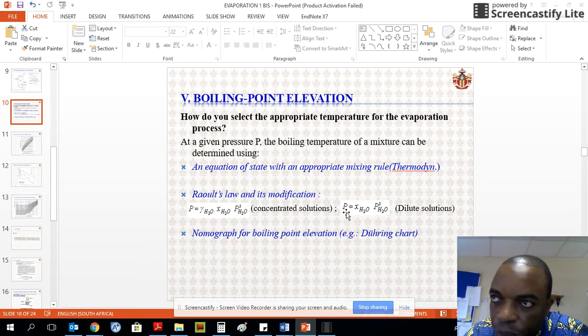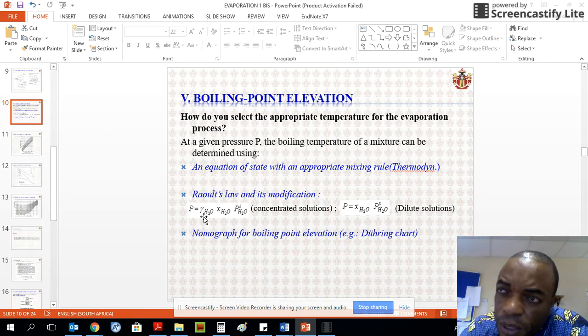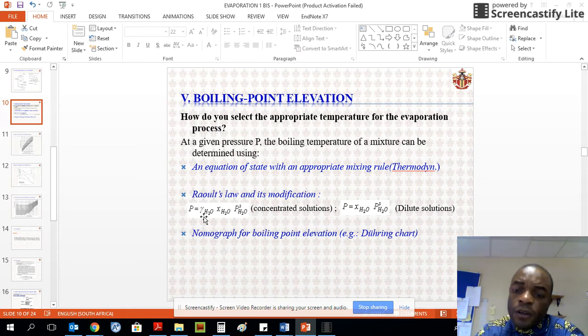And if you know the pressure at which your evaporation process has to take place, you can determine the saturation vapor pressure, and from the expression of saturated vapor pressure, you can determine the temperature. For concentrated solutions, you have to take into account the activity coefficient of your solvent, which is water here. Refer again to your chemical thermodynamic subject to remind yourself of the concept of activity coefficient.